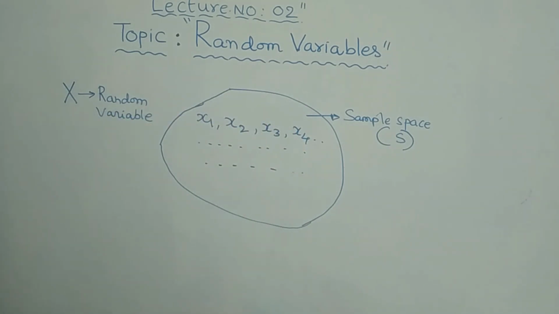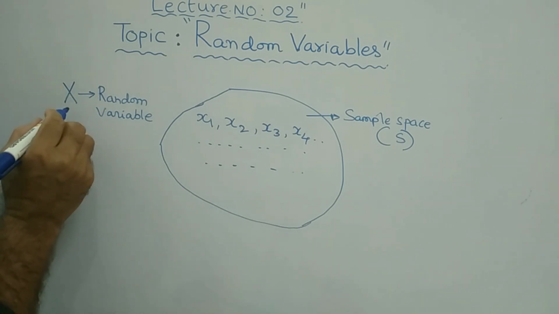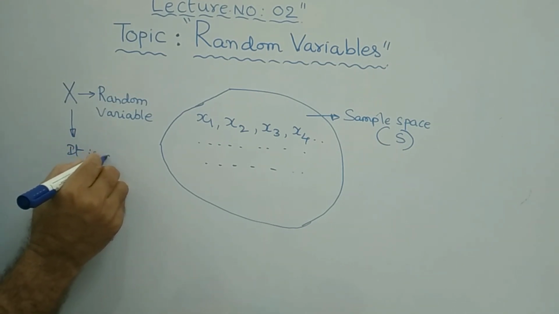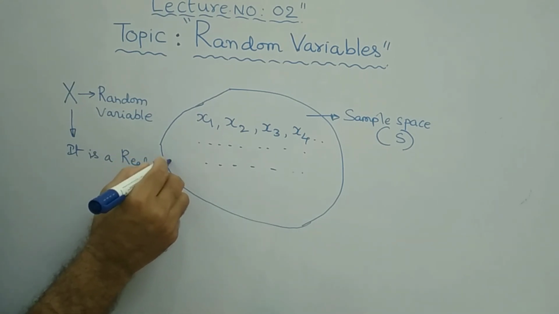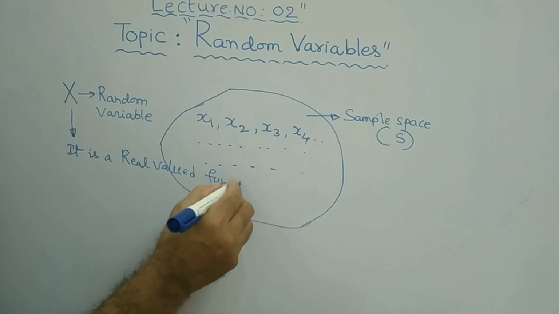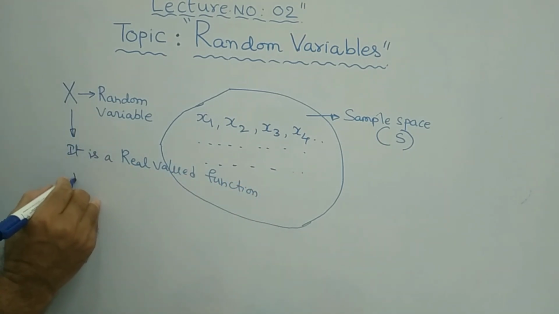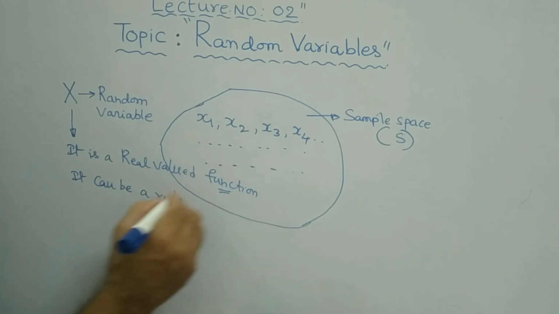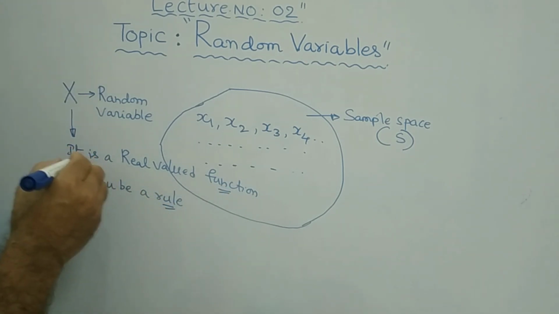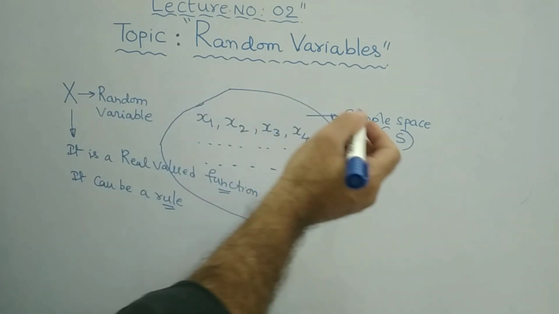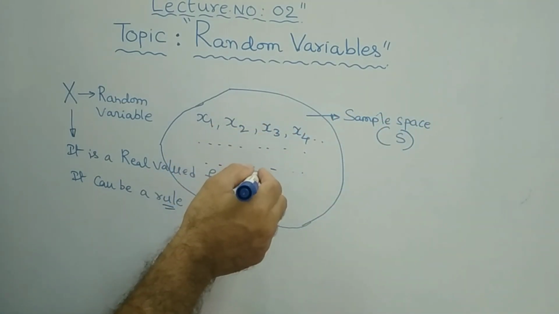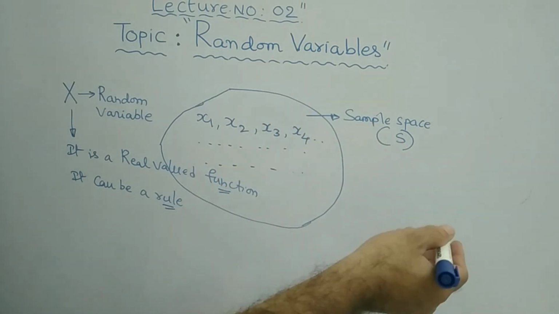Otherwise you can say that this capital X, the random variable, is a real valued function, or a rule, whatever it is, that maps each outcome value of the sample space to a real number.